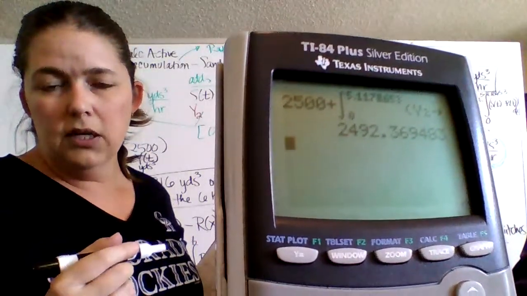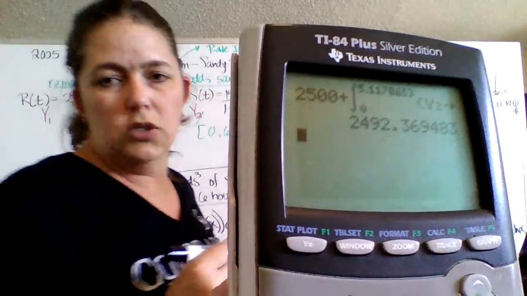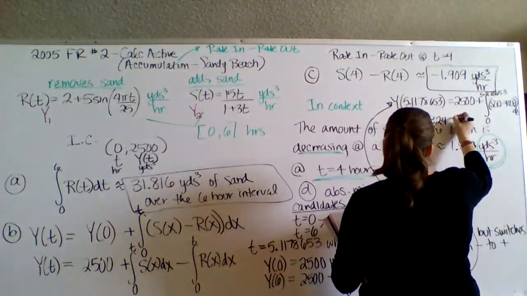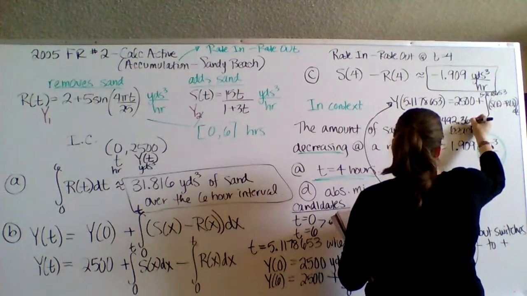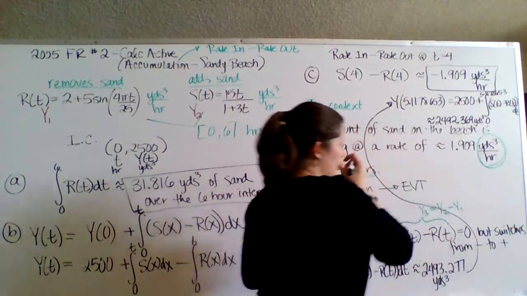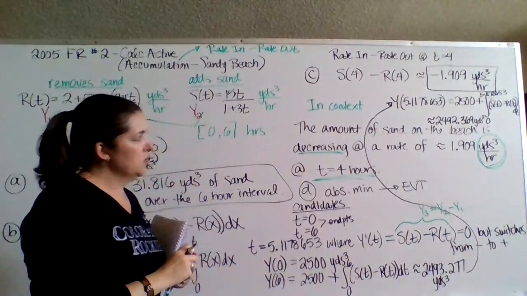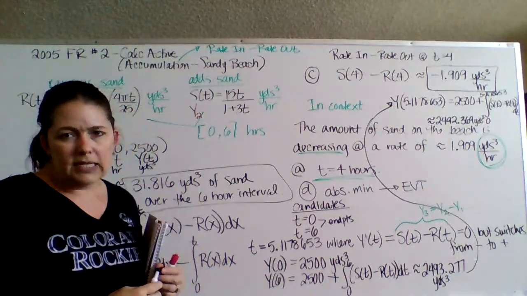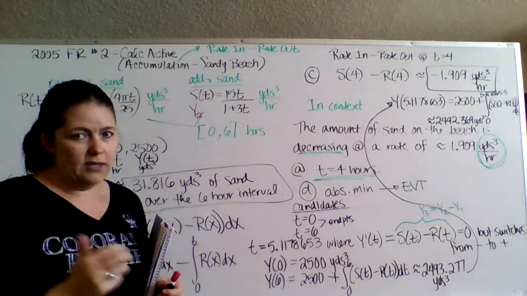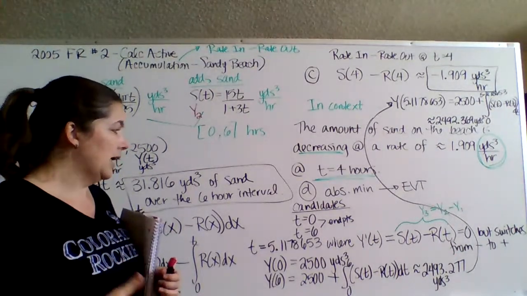So we get 2492.369 cubic yards of sand in that scenario. So remember, after you test your candidates, you have to give them a conclusion. They're not going to know that you know what number is smallest out of those options.